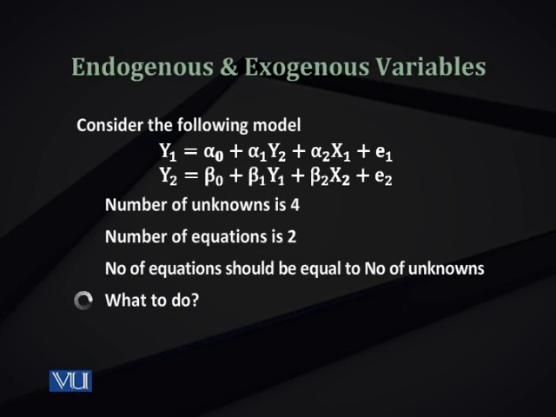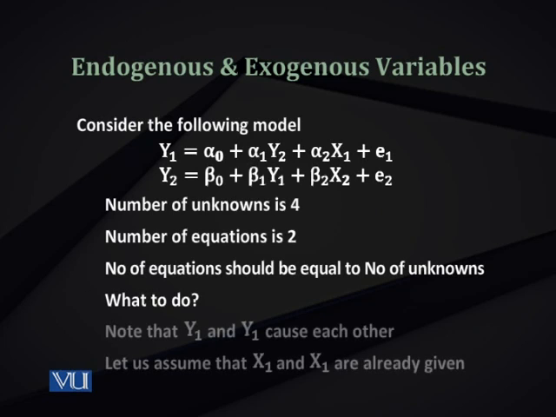What if we get the values of some of the variables exogenously, from outside the model, determined by some other process? If we assume, for example, that X1 and X2 are the two variables, the values of which are already given or determined from outside the model or given by some other process, then you will call X1 and X2 exogenous variables. Why do I select X1 and X2 as exogenous? Because I see that Y1 and Y2 are causing each other.